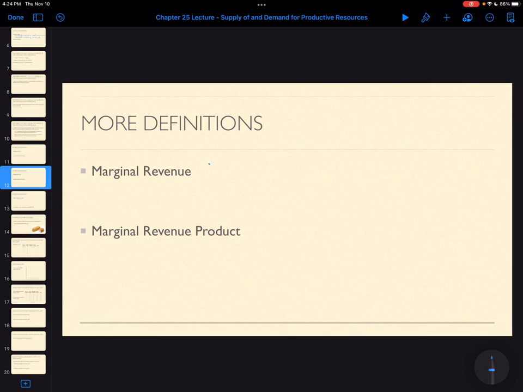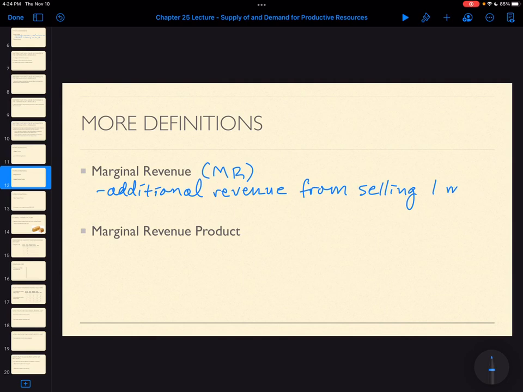We abbreviate marginal revenue with MR. Marginal means additional, and revenue means revenue, so this is the additional revenue from selling one more item. If we're making loofahs, when I sell an additional loofah, that's my marginal revenue.